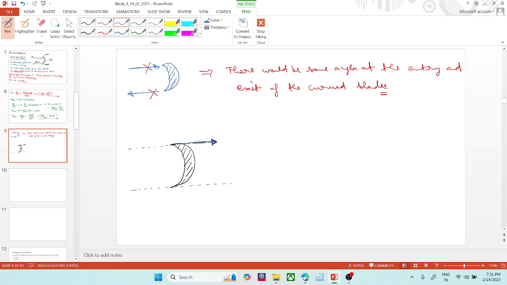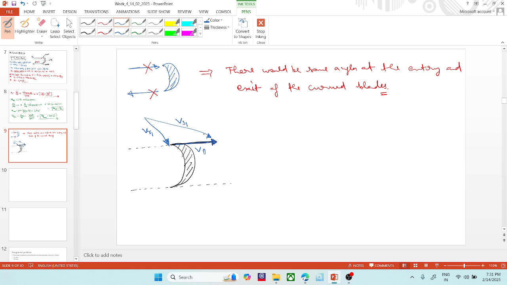At this velocity, the blade is moving, and the relative velocity is VR1, which is the jet velocity relative to the blade at the entry. This is the blade velocity VB, and this is the absolute jet velocity at the entry, VS1.